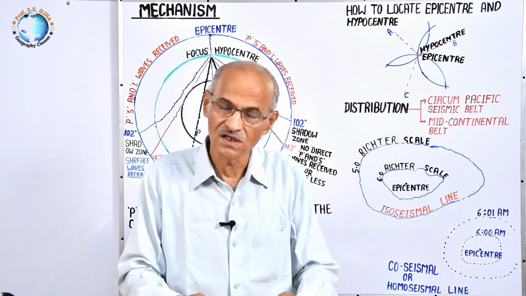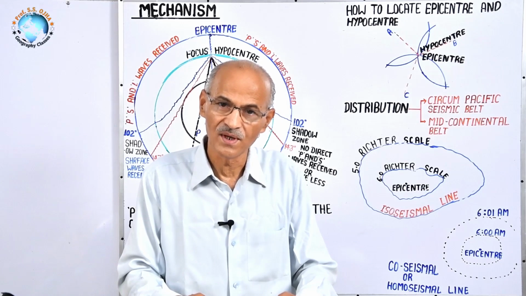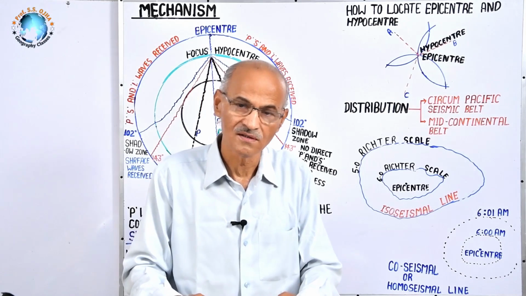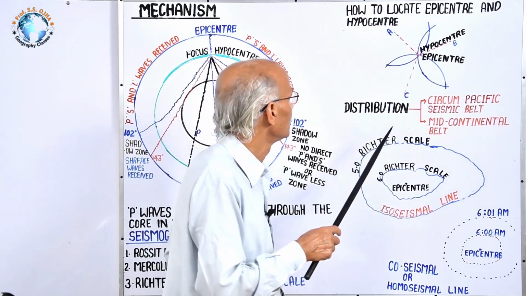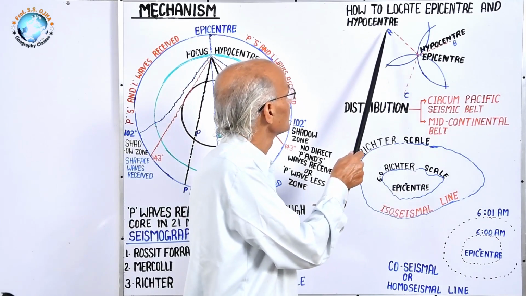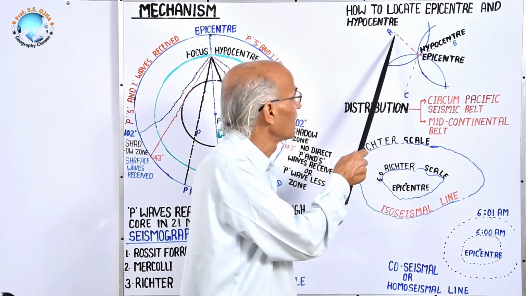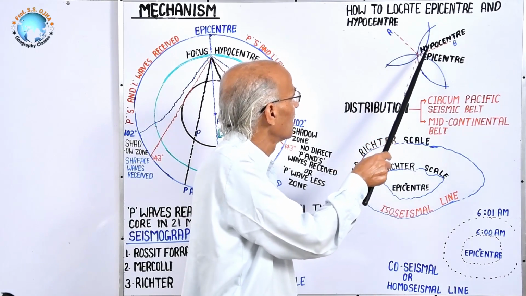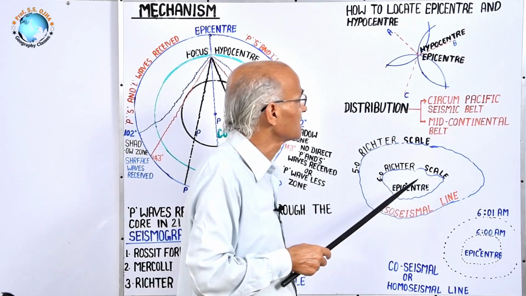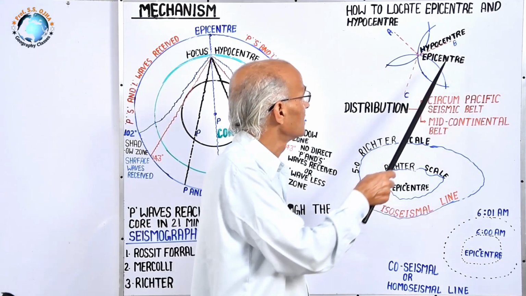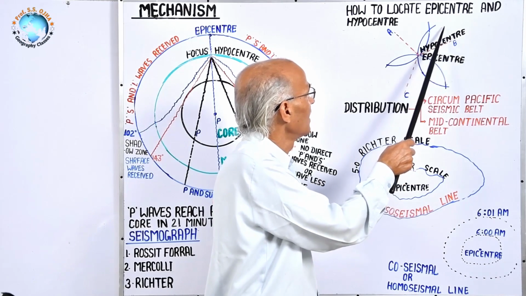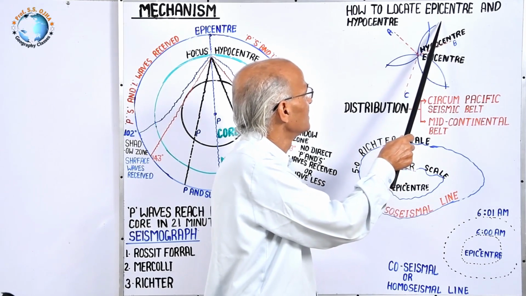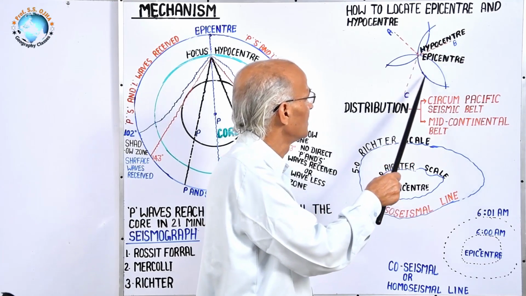So, seismological station number 1 will compute the distance of the focus, and with that distance an arc will be drawn from seismological station number 1 or A. The same practice will be done by seismological station number 2 or B, and according to the distance an arc will be drawn.